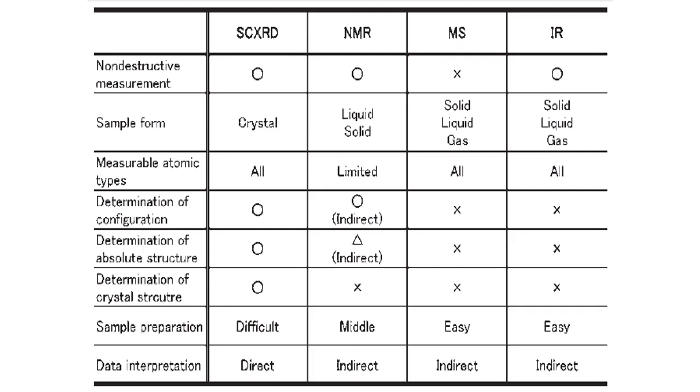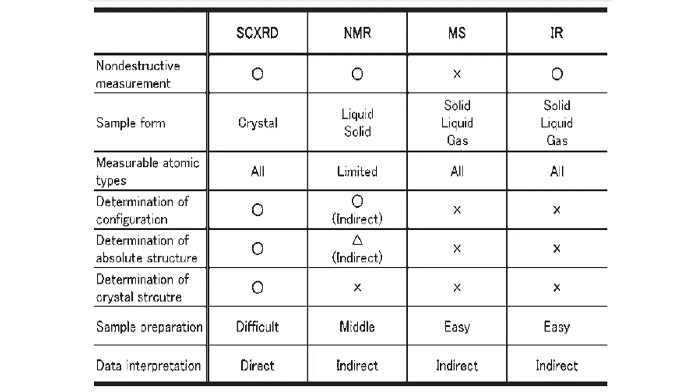At the leftmost side, these are the properties which we are going to compare. First of all is non-destructive measurement. Non-destructive measurement means which one of these four techniques is non-destructive.